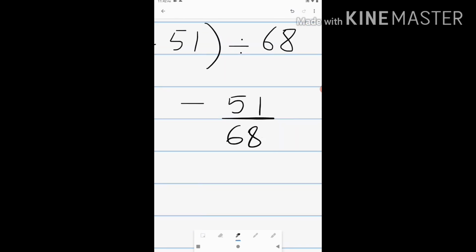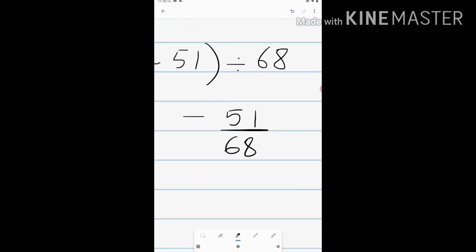Now, this number is not an even number. So we cannot take it as 2, and also it is not divisible by 3. Both the numbers are not divisible by 3.